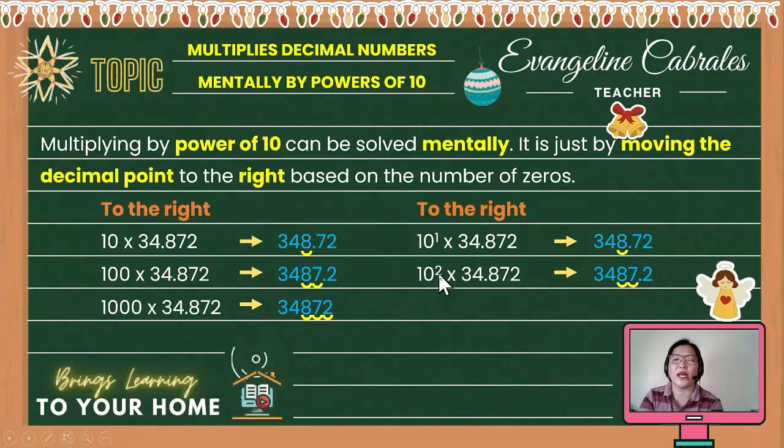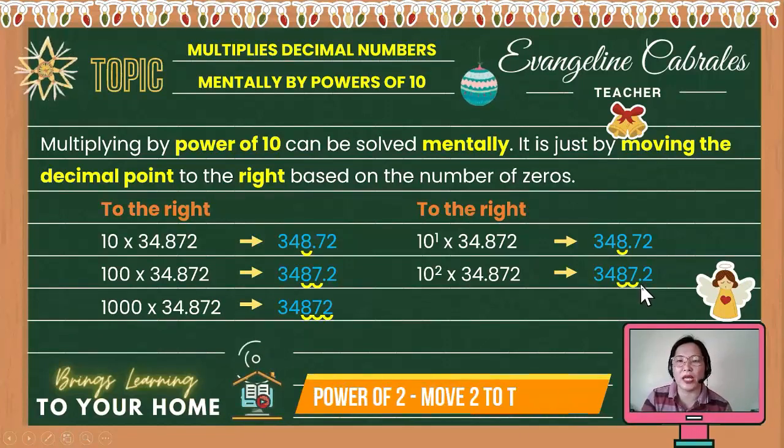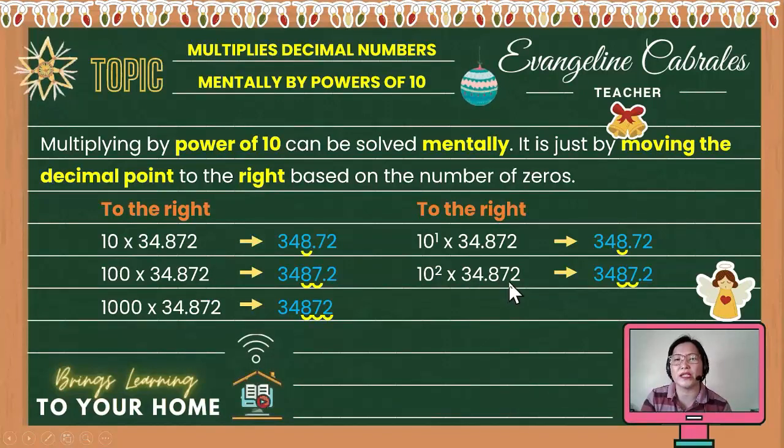Bakit 2 ang exponent? Dahil ang 0 ng 100 ay 2. Uulitin ko ha, ang exponent ang nagsasabi kung ilang 0 mayroon, ang power of 10. So, 10 to the power of 2 times 34 and 872 thousandths equals 3,487 and 2/10. Dalawa ang 0, kaya dalawang beses iniusod ang decimal point, kaya nasa pagitan na siya ng 7 at 2.